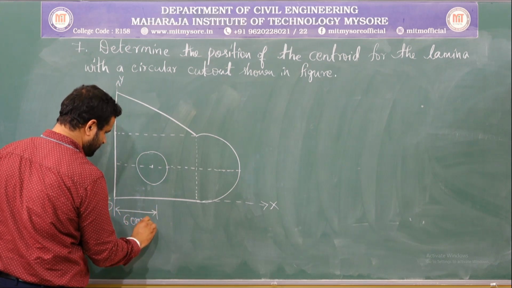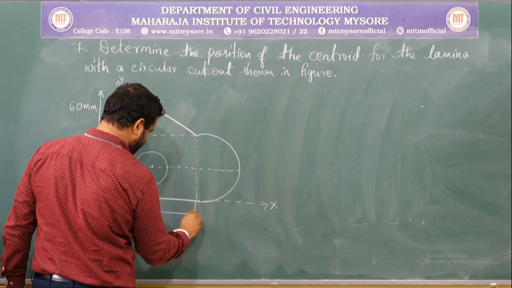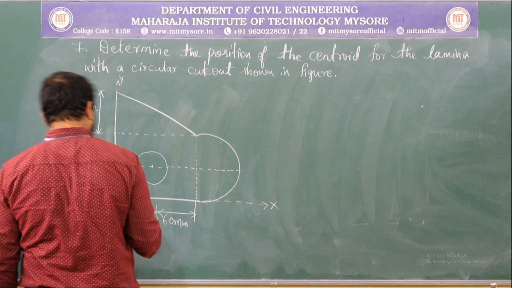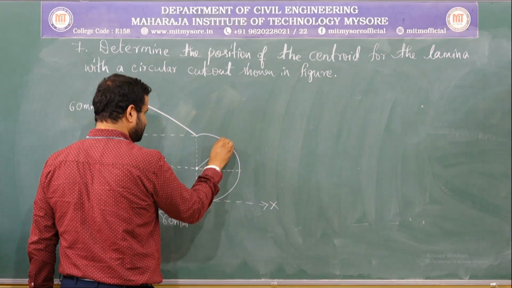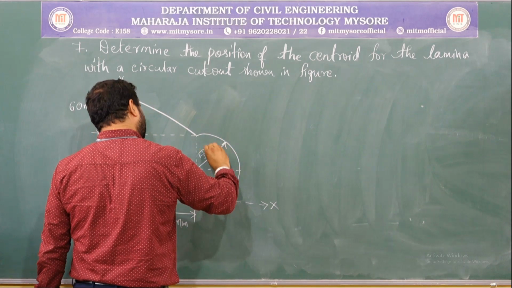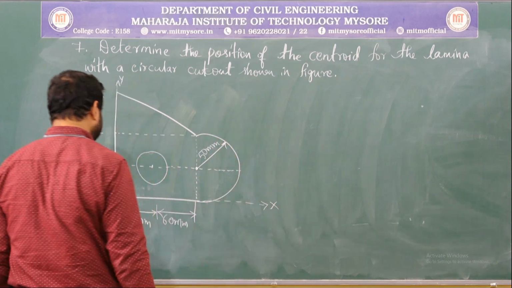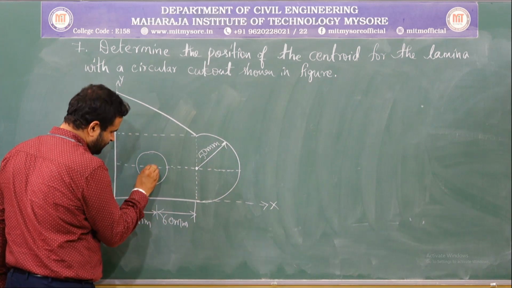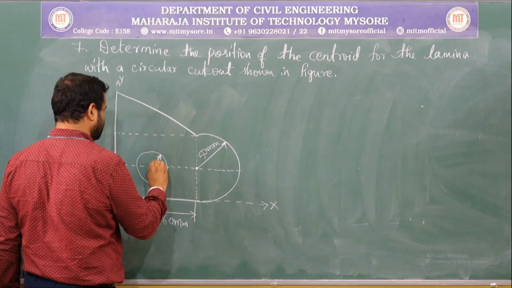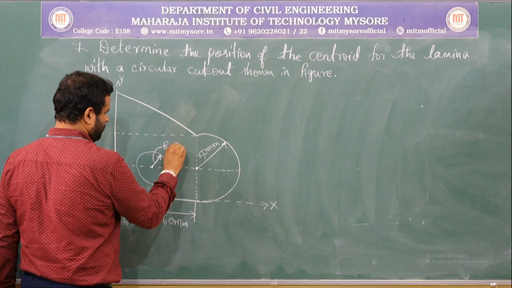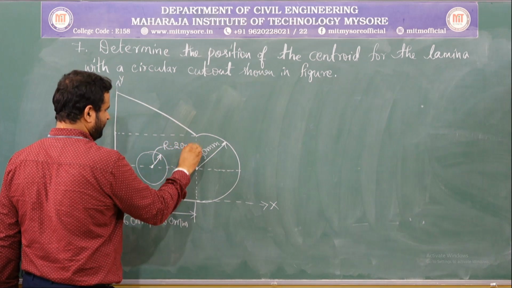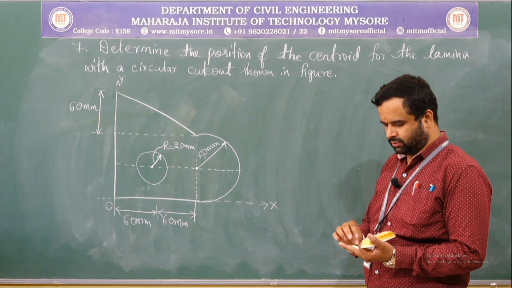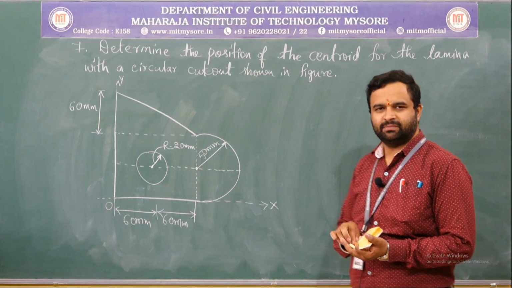This is 60 mm, this is 60 mm, and the radius is given as 50 mm. Radius of the semicircle is 50 mm, and the radius of the circle is given as 20 mm. So, this is the shape that they have given.